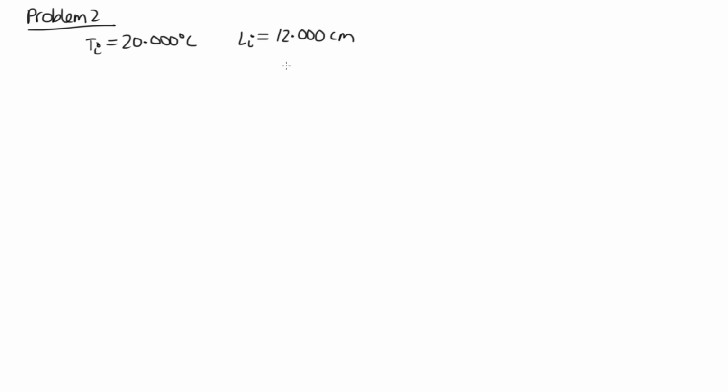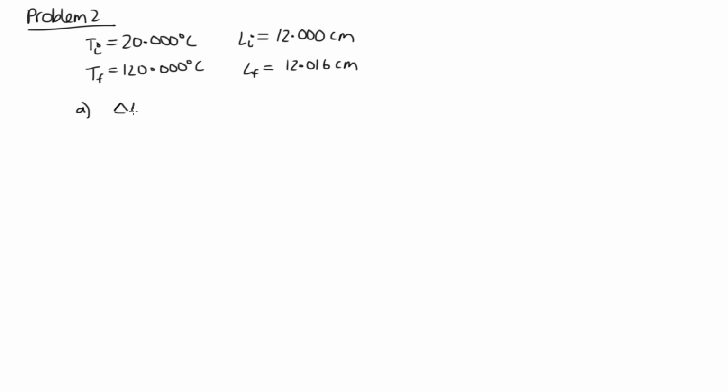And when it's heated up to 120 degrees, so the final temperature is 120.000 degrees C, then its final length is equal to 12.016 centimeters. And in part A, we're asked to calculate the linear expansion coefficient of the metal.